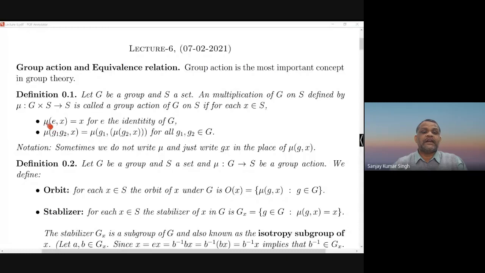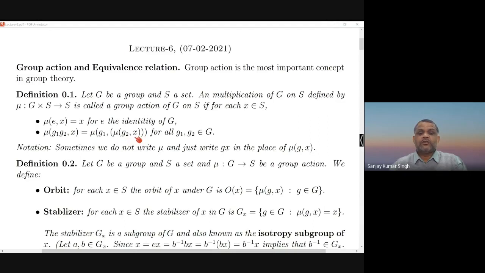First property says that if I pick the identity element in G and any element X in S, then its image should be just X. And if I pick two elements G1 and G2 in the group G, then the value of mu of G1G2, X should be the same as taking G2X, and then taking again with G1. So it is mu of G1 comma mu of G2 comma X.